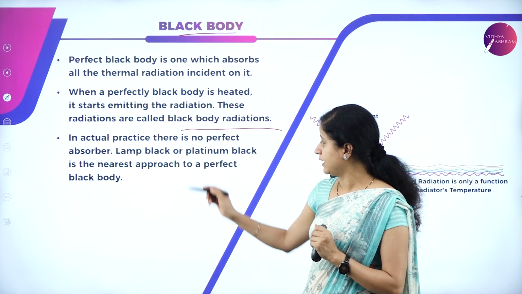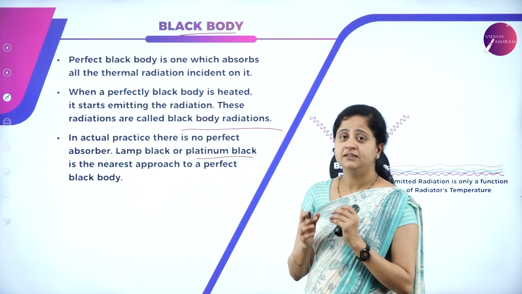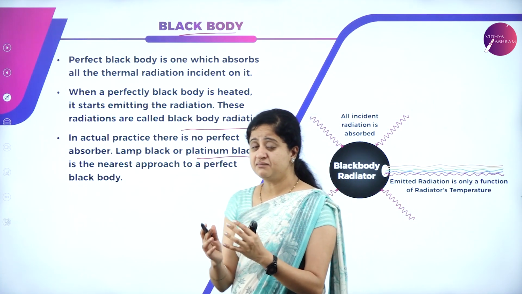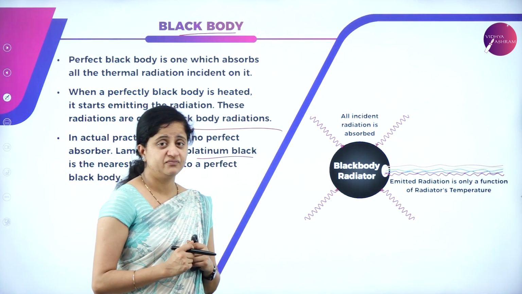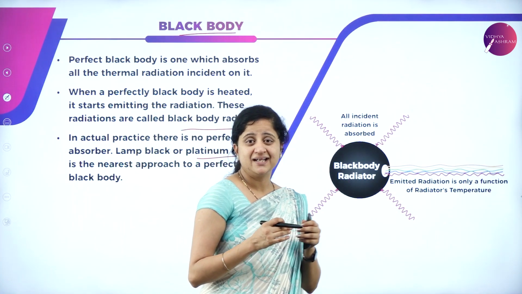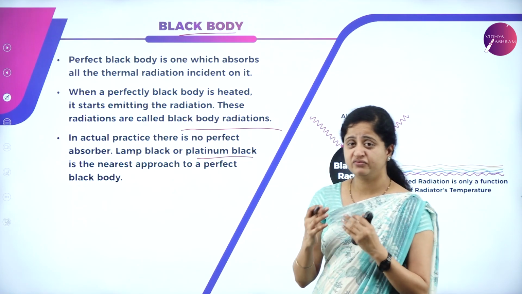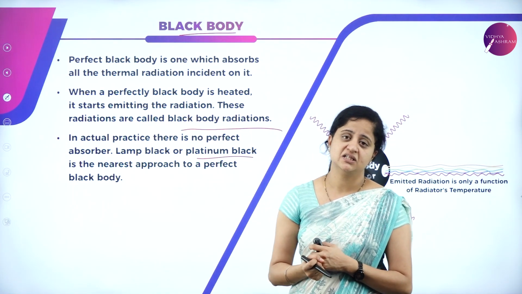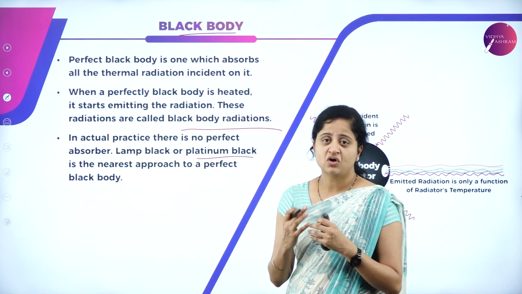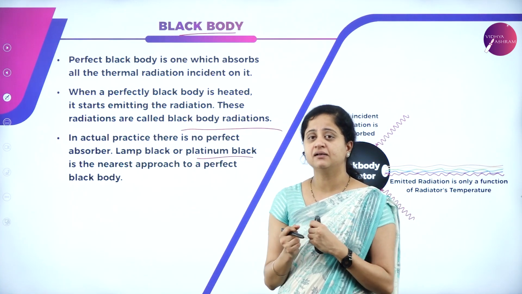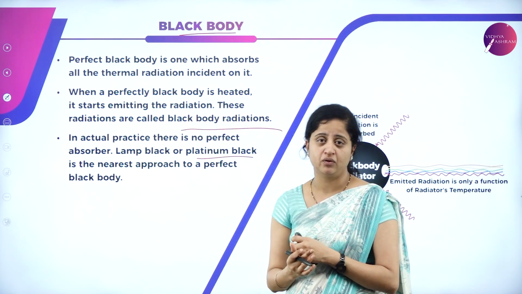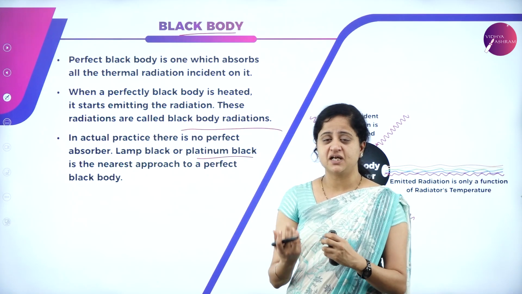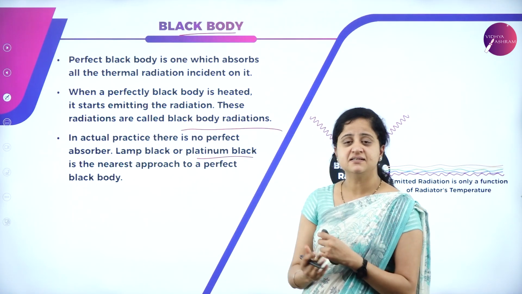Lamp black or platinum black are the nearest approach to a perfect black body. The reason why we wear dark colored clothes in winter and light colored clothes in summer is because of this phenomenon: dark colors absorb maximum heat radiation, and our body becomes hotter if we wear darker clothes in summer, and hence we avoid them. Generally, a black body is the object that absorbs all the radiation incident on it.